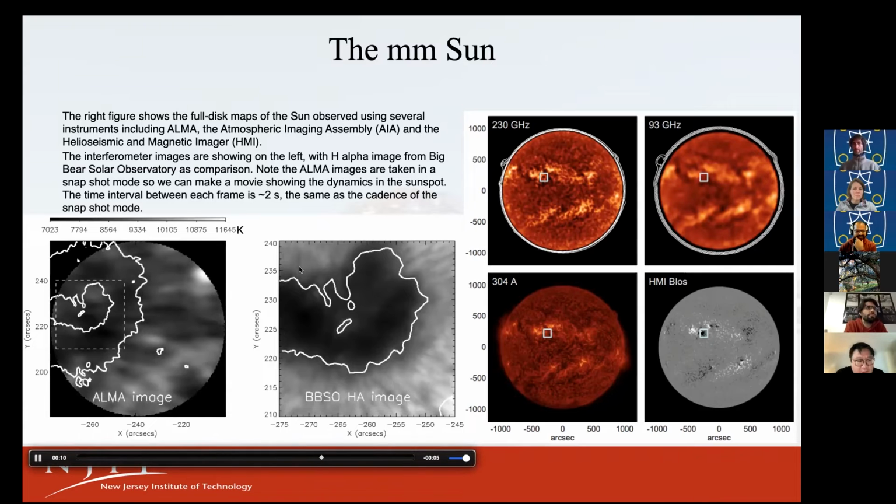I want to point out this movie has a time interval between each frame of 2 seconds in the original image, and the whole period is about 10 minutes, which is the whole scan duration of one particular on-target time.